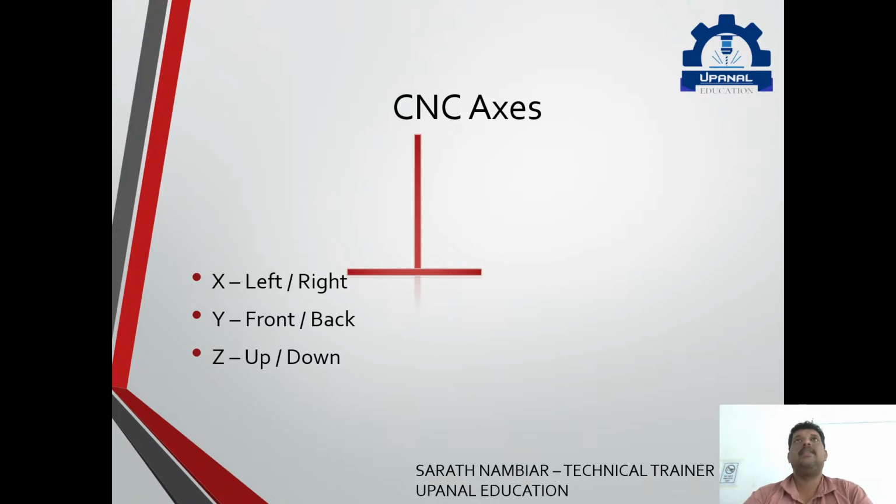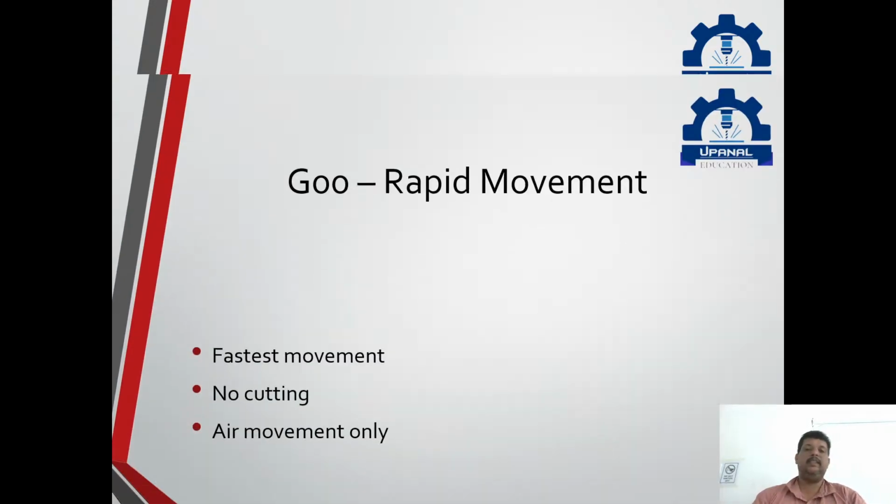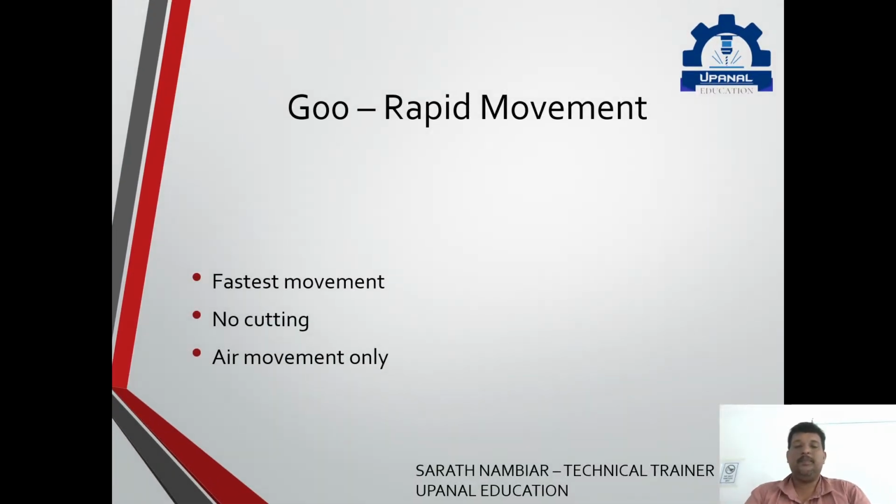Okay, so let's go into the individual G codes. First is G00. It's known as the rapid movement. It's like running. It won't go slowly, it will go very fast.